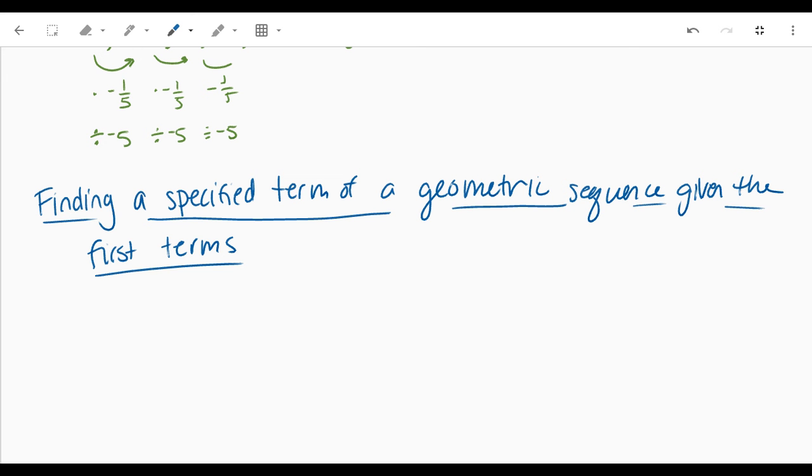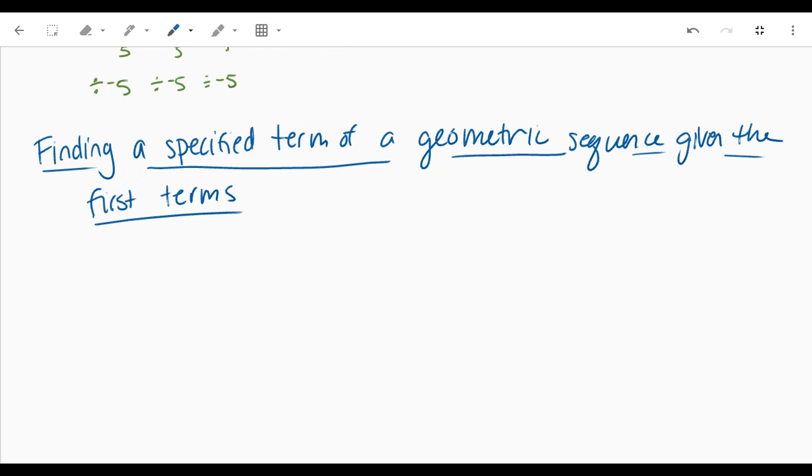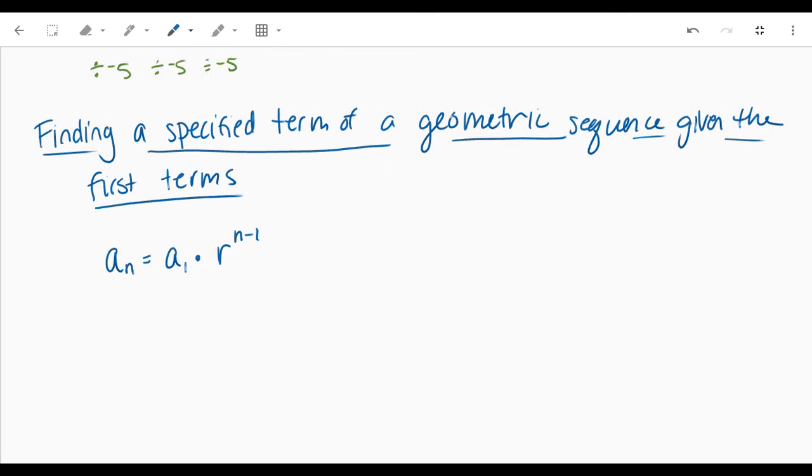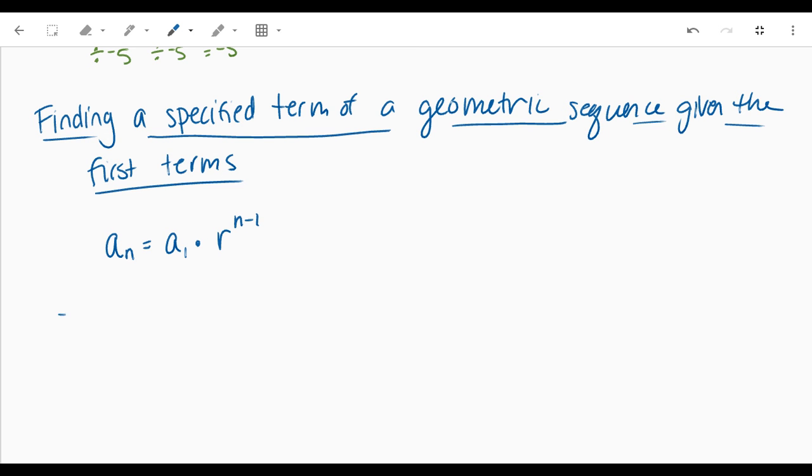Okay, so I'm going to show you though. Okay, because just like with the arithmetic ones, it's easier if you have it. So a sub n is a sub 1 times that constant ratio to the n minus 1. Okay, so in the example that we have here, we're told that it's geometric and it's 5, 15, 45, 135, and so on.